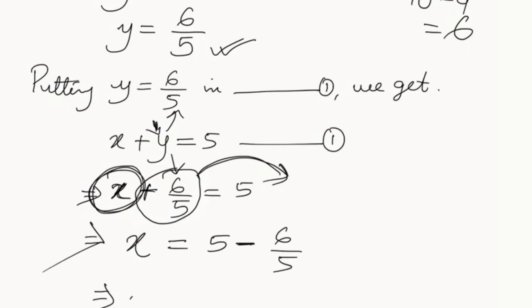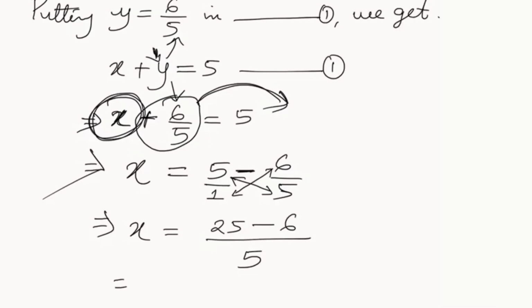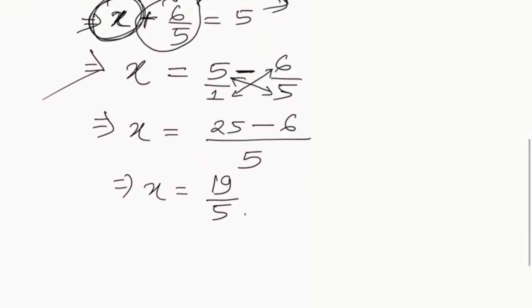So x is equal to, if we take LCM, nothing is here, that means this is 1. 5 into 1 is 5. 5 into 5 is 25. 6 into 1 is minus 6. So x value is 25 minus 6, that is 19 by 5. Therefore x is equal to 19 by 5.